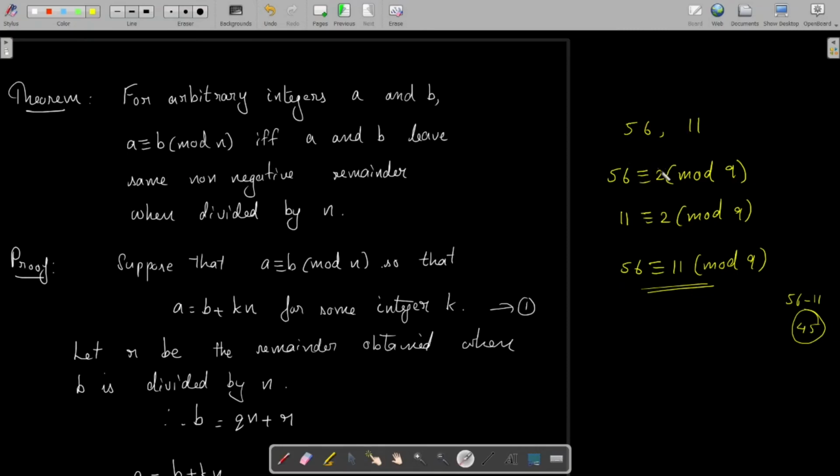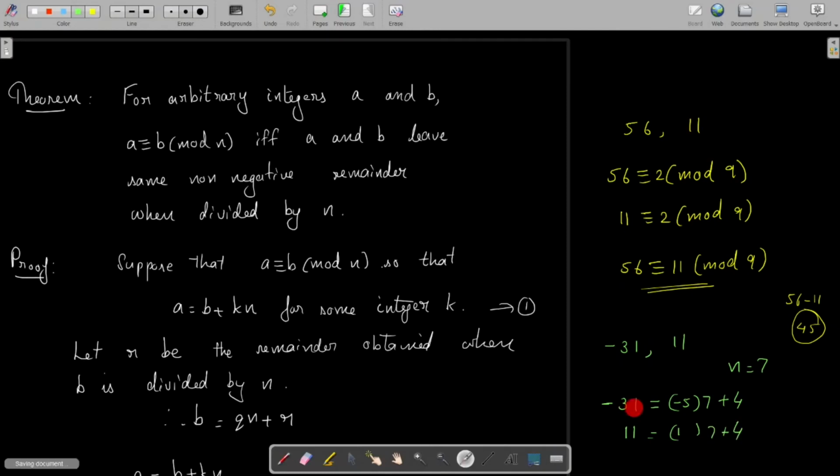Therefore, if two integers leave the same remainder when divided by an integer n, then those integers will be congruent modulo n. Another example, consider the integers negative 31 and 11, and we consider n as 7. We have minus 31 equal to minus 5 into 7 plus 4 by the division algorithm, and also 11 equal to 1 into 7 plus 4, again by the division algorithm.